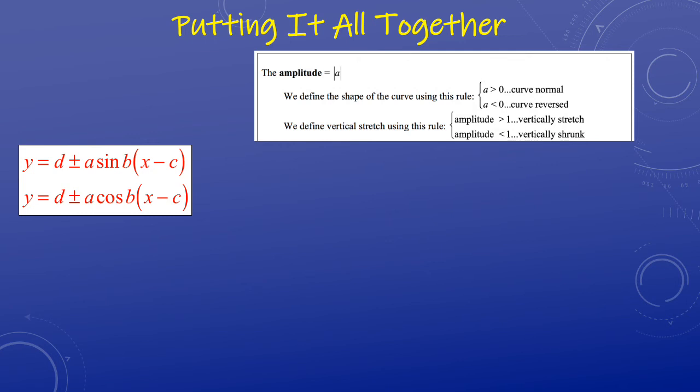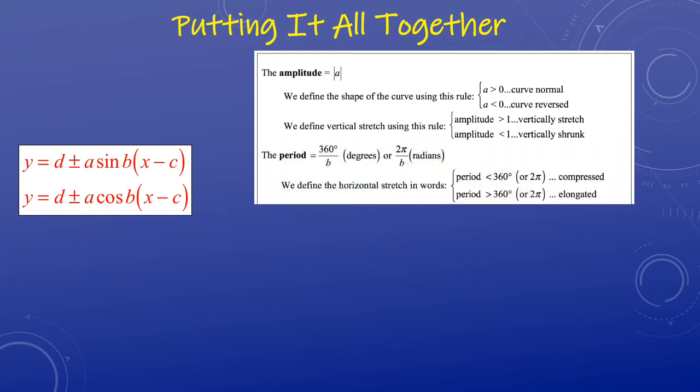The vertical stretch is dependent upon a, the amplitude. If the amplitude is greater than 1, then we say the curve has been vertically stretched. If the amplitude is less than 1, then we say that the curve has been vertically shrunk. We next look at the variable b. b is used to determine the period. If we are working in degrees, then the period is 360 degrees divided by b.